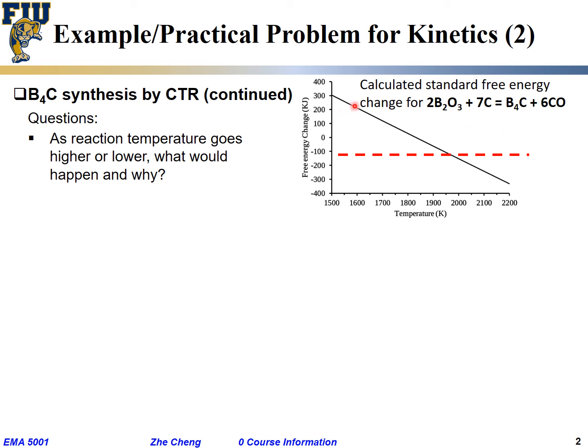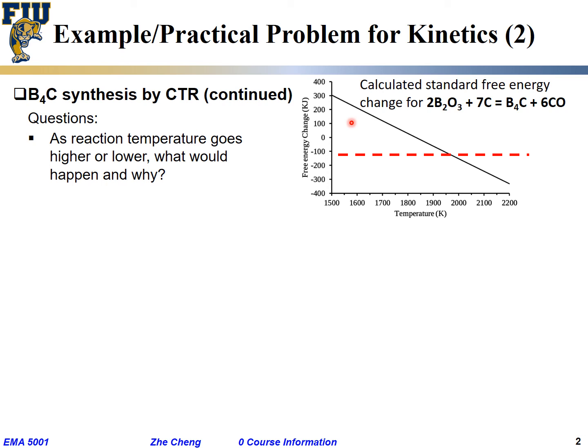It means the reaction doesn't really happen. The reaction doesn't really happen if I'm at 1600 K. It's a huge positive number, which means at least under whatever partial pressure you assumed, it doesn't go. Make sense? That's what you learned in thermodynamics.